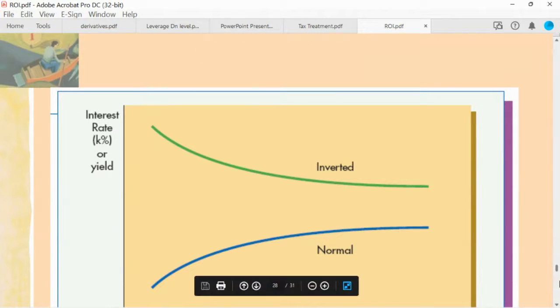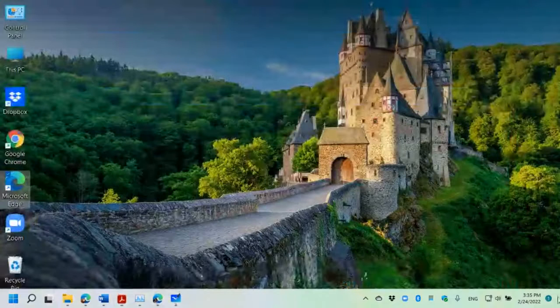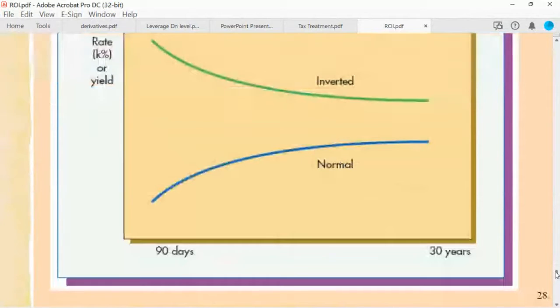Yield is basically, remember, I told you, yield is another name for annualized return. And we know the longer term bonds will have to pay higher return than the shorter term bonds, because there's a risk associated with longer term bonds. And you might say, oh, isn't it obvious?